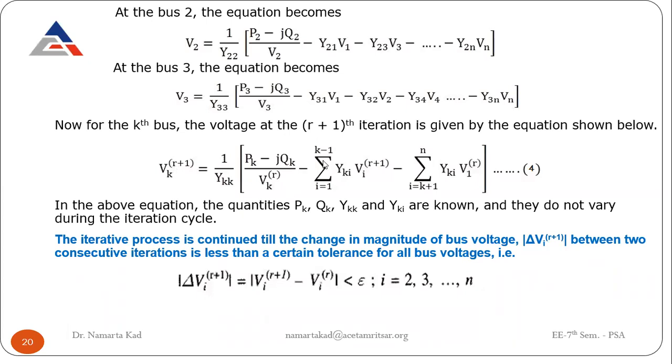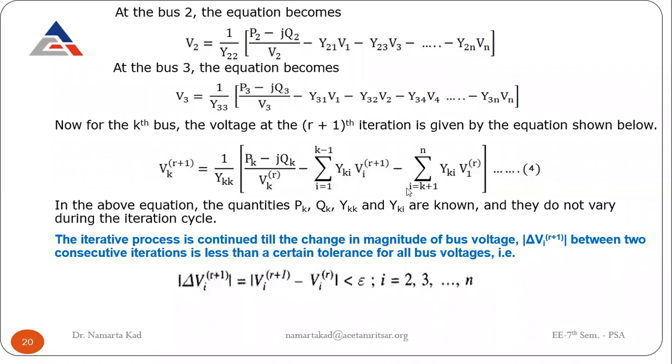Minus summation, now we are writing this again in the form of summation, Yki, i equals 1 up to k-1, Vi(r+1). Because here the summation is moving from 1 to k-1, so Vi is at the (r+1)th value.